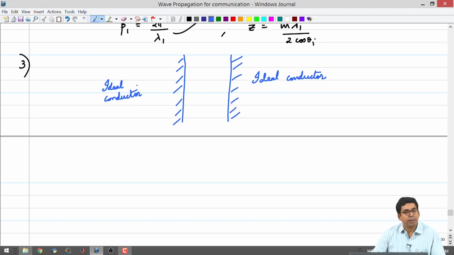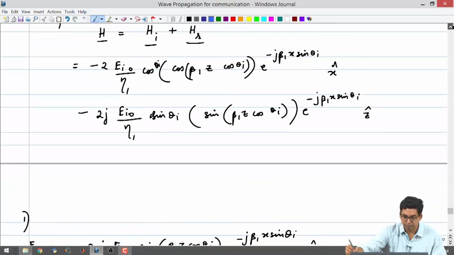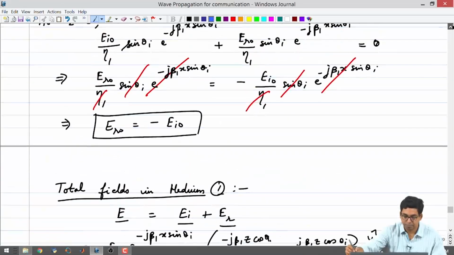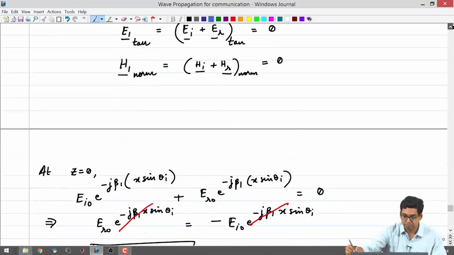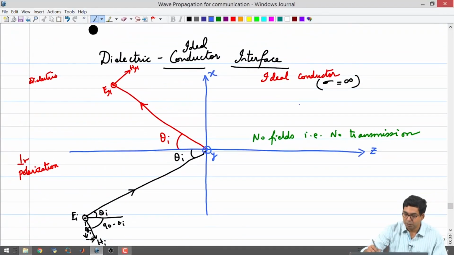Now, what could the result be? We already saw from the previous class that you are not having an energy transfer along this horizontal direction. You do not have transfer of energy into the conductor at all.